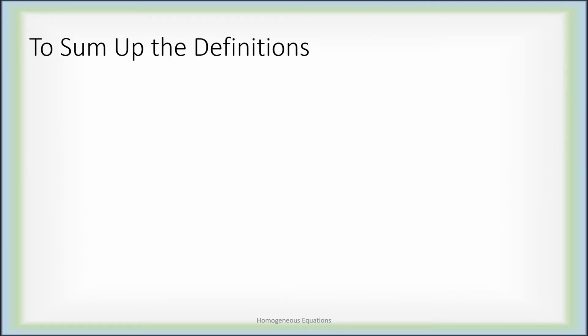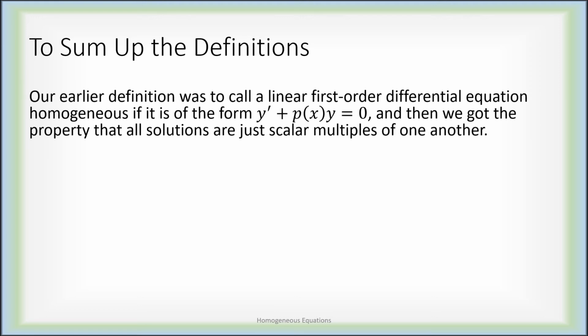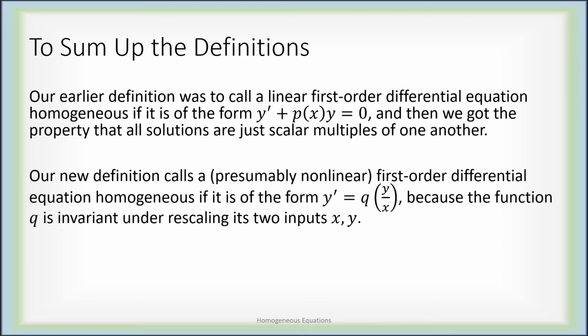So let's sum up the two definitions. The earlier definition was to call a linear first order differential equation homogeneous if it has zero forcing function, and it has this property that all solutions must be scalar multiples of one another. The new definition calls a first order differential equation homogeneous if y prime is a function of the ratio y over x, because then the function q is invariant under rescaling of the two inputs x and y.